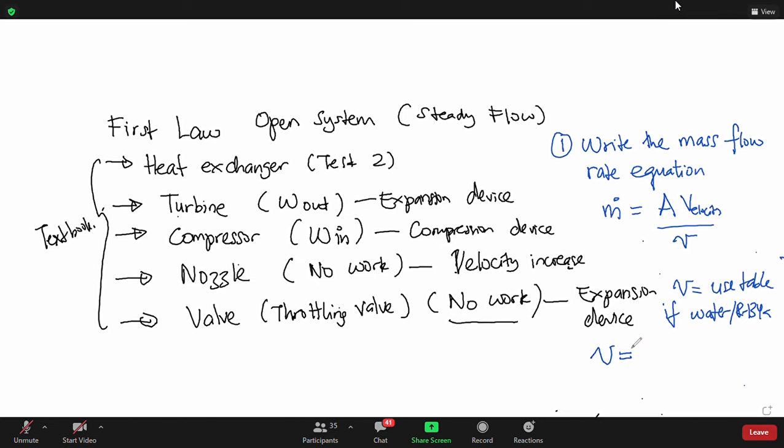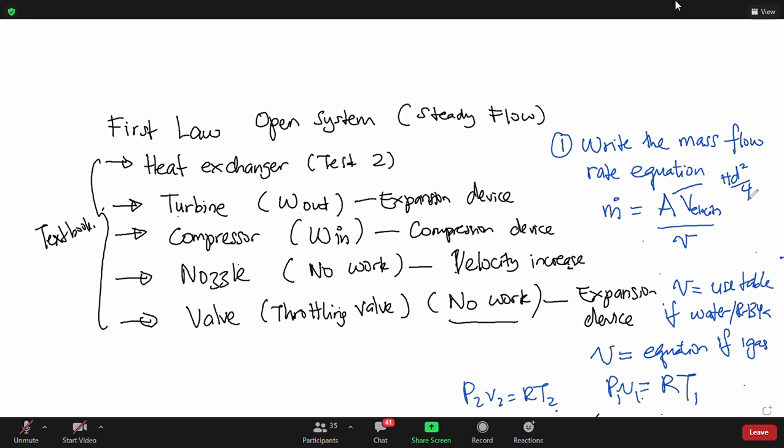We use the equation if it's an ideal gas, so PV equals RT. So P1 V1 equals RT1, P2 V2 equals RT2, and then you find the V. Area is of course pi d squared over 4 if it's a circular cross-sectional area. So that's the first equation.